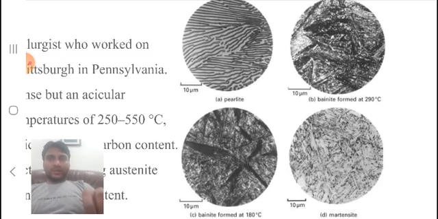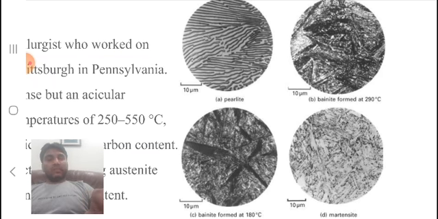Bainite formed at 180 degrees centigrade is shown at the bottom. So the higher the cooling rate, the finer the structure. Even in the formation of bainite there is the problem of retained austenite.